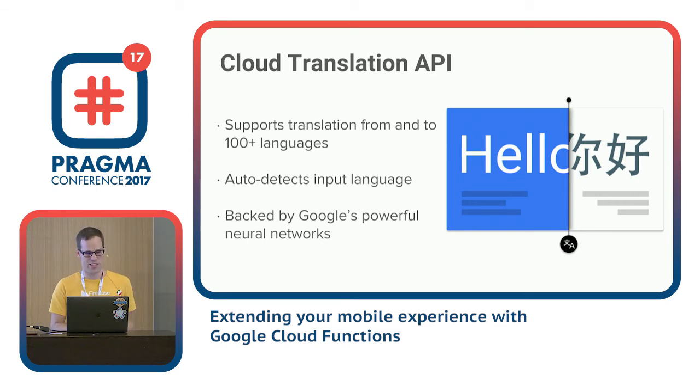The Cloud Translation API translates any arbitrary string into any supported language using state-of-the-art machine translation. It's super responsive and backed by the same technology that all of you have used in Google Translate. So let's go use it in our code.